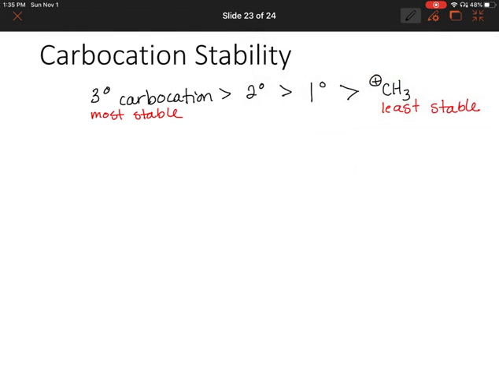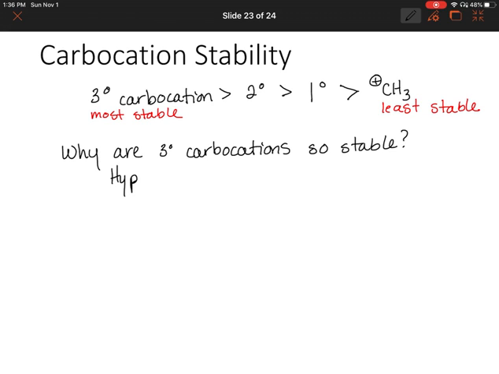So, why are tertiary carbocations so stable? The answer is hyperconjugation.